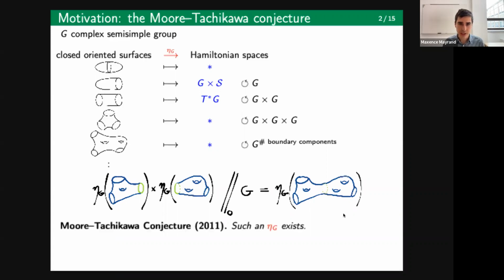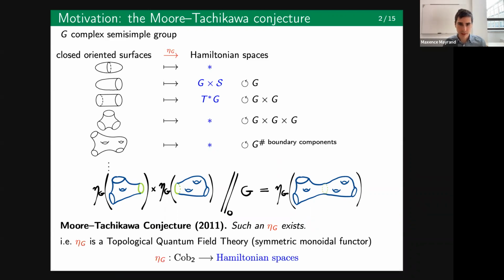So the conjecture is that such an association from closed surfaces to Hamiltonian spaces exists. And you can think of it more precisely as some kind of topological quantum field theory, which just means a symmetric monoidal functor from a category of 2-dimensional cobordisms to a category of Hamiltonian spaces, where the objects are Lie groups, and morphisms are Hamiltonian spaces, where the composition is given by this identity.